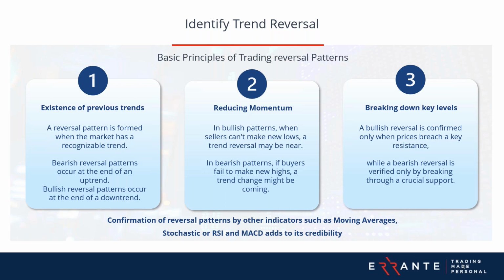And rule 3 is about breaking beyond key levels. It's not enough for the price to merely approach these levels, as in rules 1 and 2. A bona fide bullish reversal is confirmed only when prices penetrate the key resistance level. On the flip side, a bearish reversal gains verification only by decisively breaching a pivotal support level.